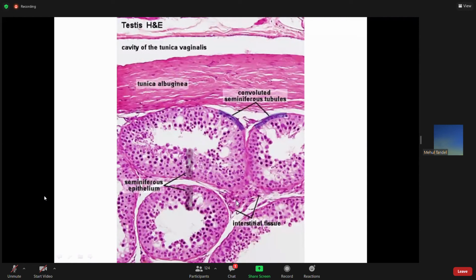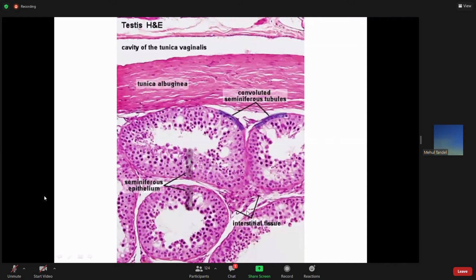If this is asked in the exam or practical, then as identifying features you should mostly write: various seminiferous tubules are seen containing spermatogenic cells and Sertoli cells, and in between the seminiferous tubules a group of interstitial cells of Leydig are also seen.